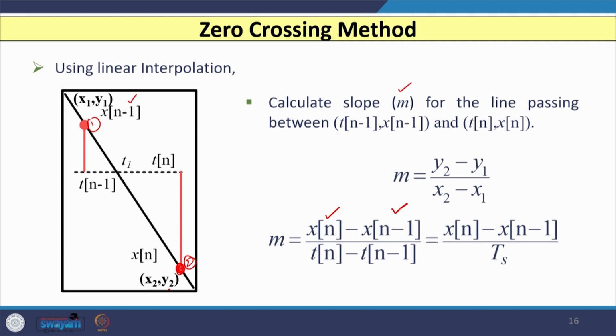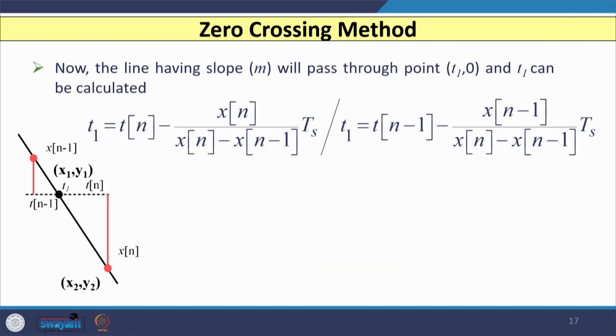And x2 minus x1: x2 is t of n, and x1 is t of n minus 1. So, you can put it here: t of n minus t of n minus 1. Any time difference between two consecutive samples is nothing but your Ts, the sampling time, which is 1 upon sampling frequency. So, we have the value of m available like this.